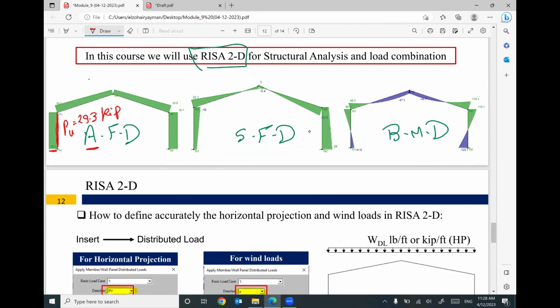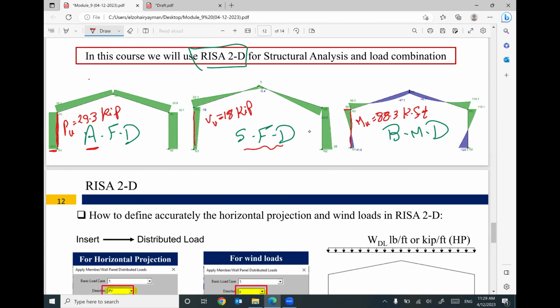This is the value here. For the same member, if you look at the shear force diagram, we have V ultimate equal 18 kip. For the same member, if you look here, the biggest value will be moment M ultimate equal 88.3 kip foot.